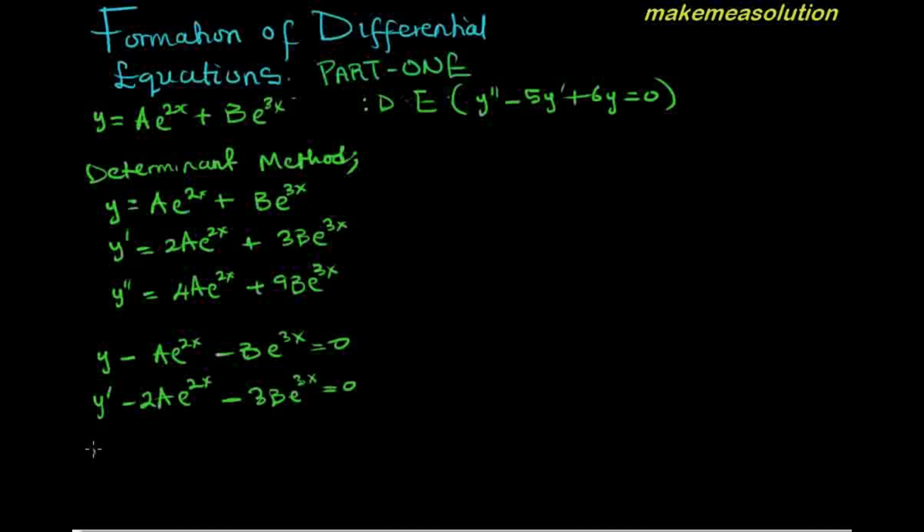And finally y prime prime minus 4a exponential 2x minus 9b exponential 3x equal to 0. Sorry, it's a minus over there, sorry about that.